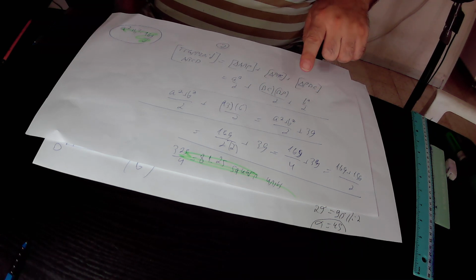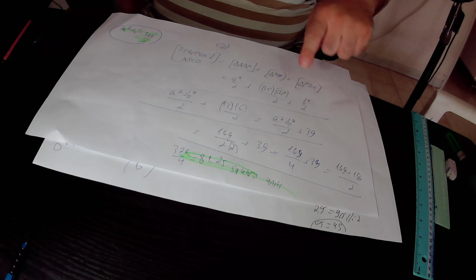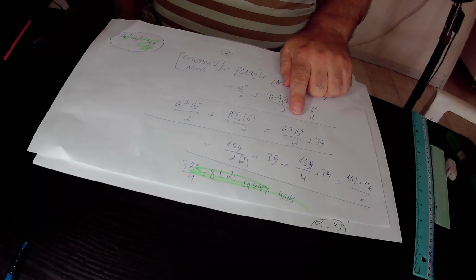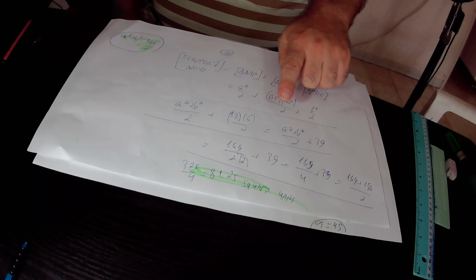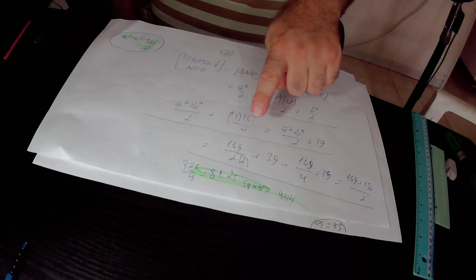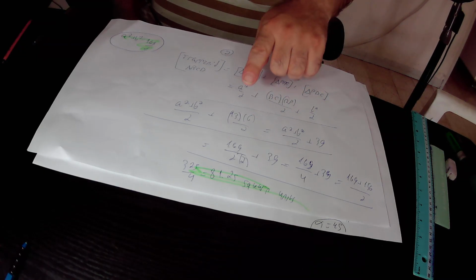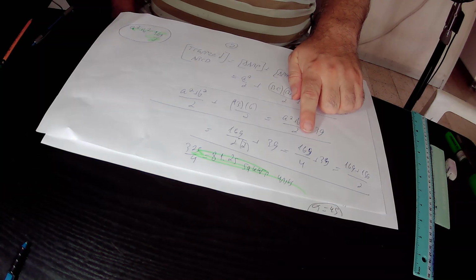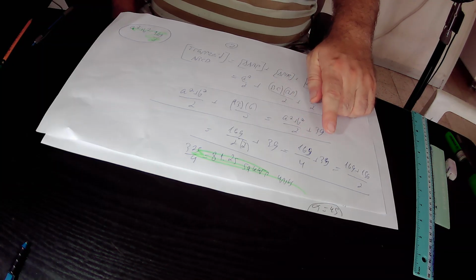So in total, the trapezoid ABCD equals a squared plus b squared over 2 plus 39. But a squared plus b squared is 169 over 2. So we substitute a squared plus b squared by 169 over 2, and we have to divide it by 2. So the trapezoid ABCD equals 169 over 2 times 2, that is 169 over 4, plus 39.